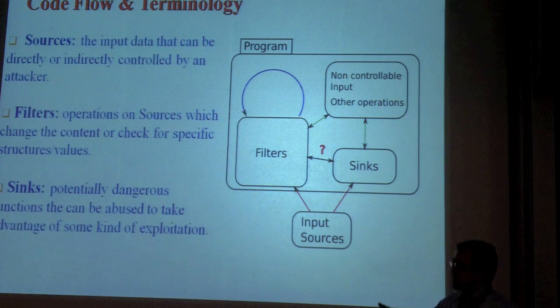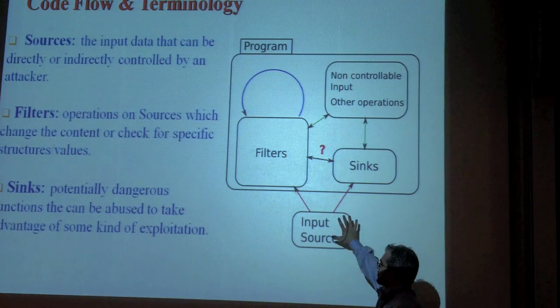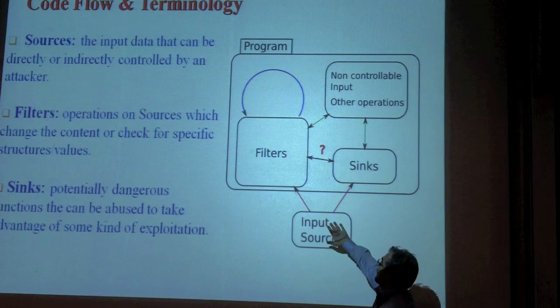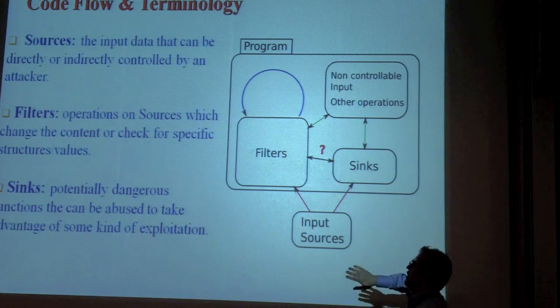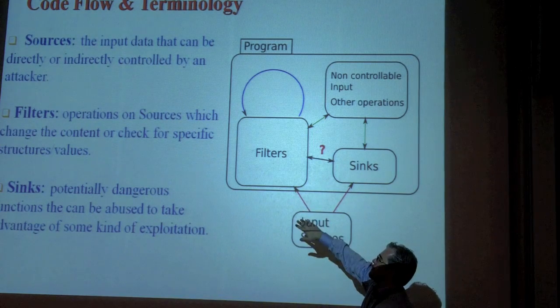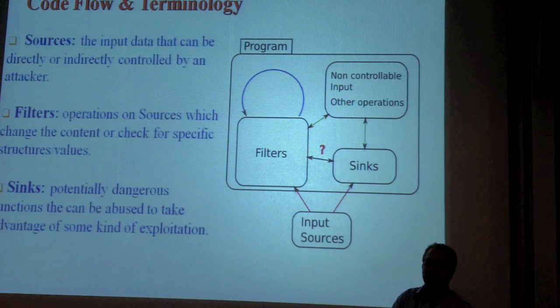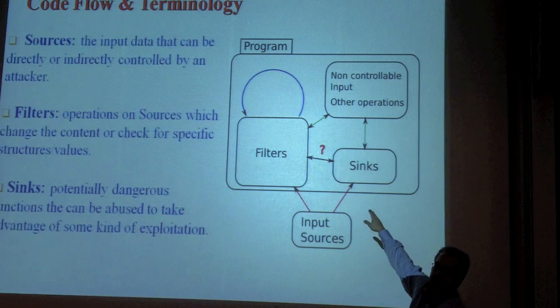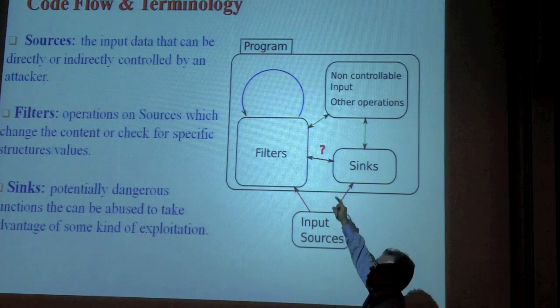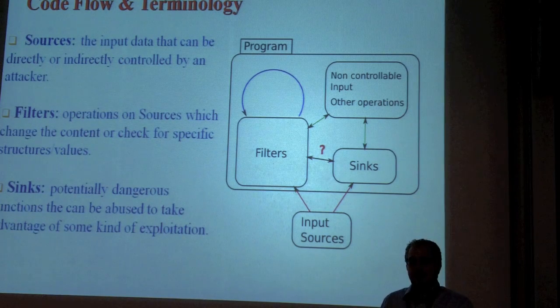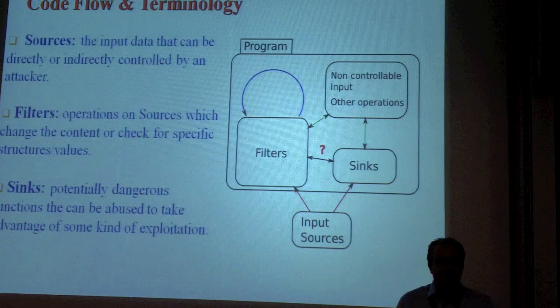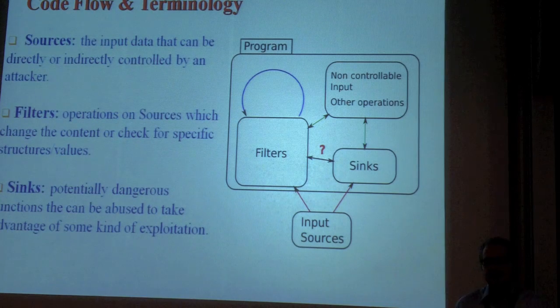Okay, so untrusted sources can go directly to a potentially dangerous function, or can be filtered by something and then passed to sinks. So the question mark there is that we don't know if the data is filtered in a good way or it's simply a bad filter.